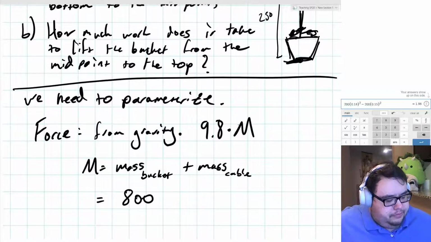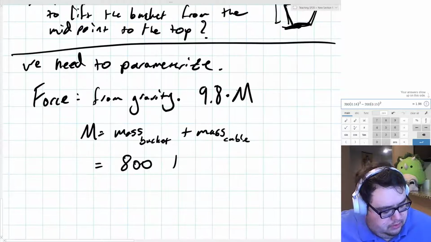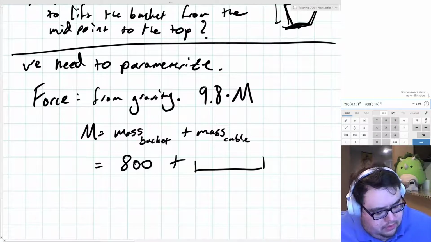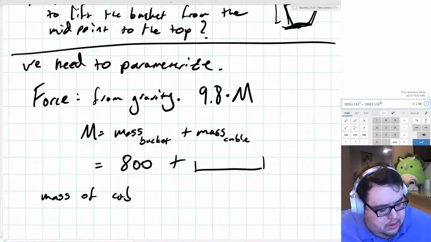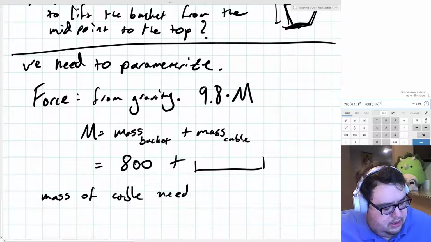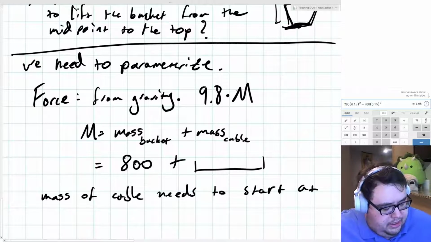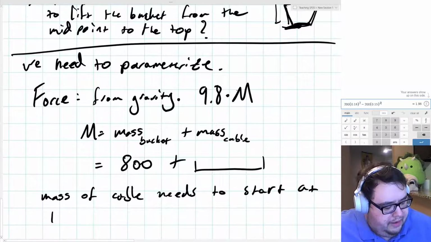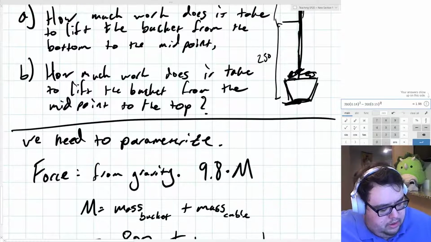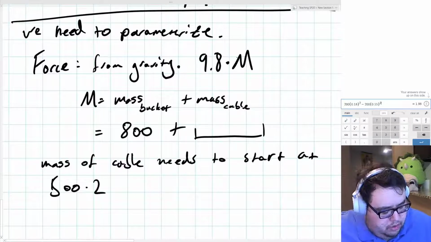So the mass of the cable needs to start at, well, it's 2 feet per cable for 500 feet of cable. So that'll be 500 times 2, which is 1,000 pounds.